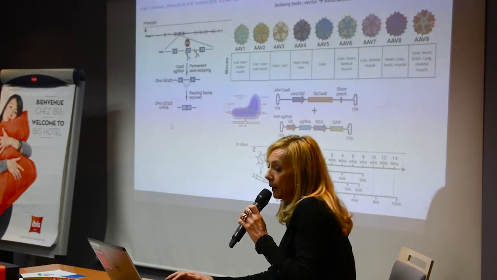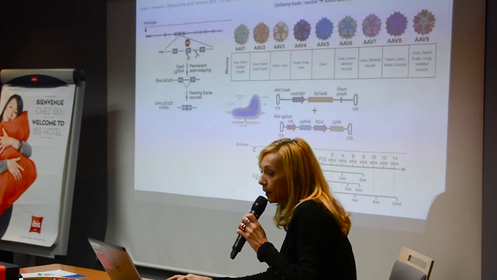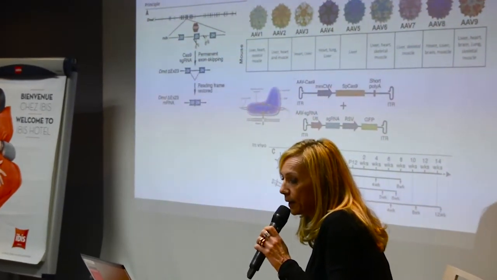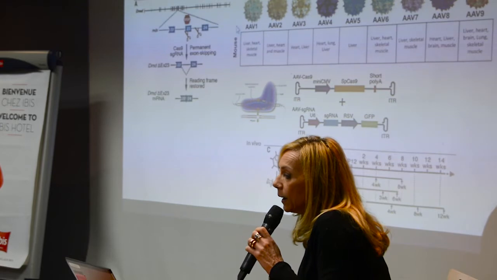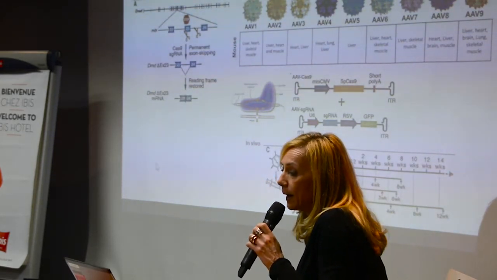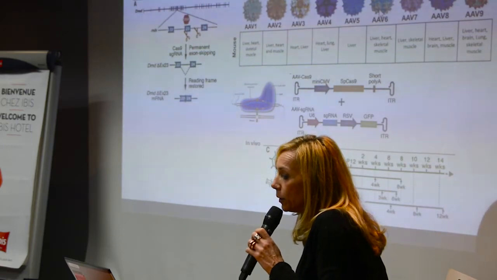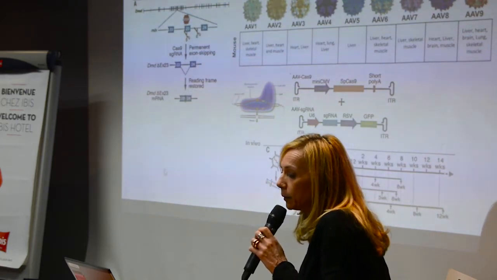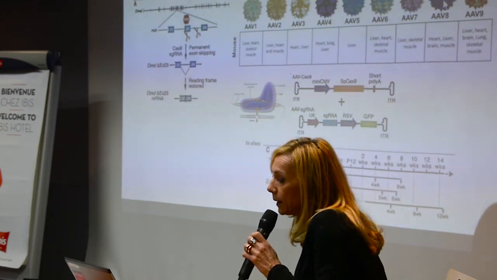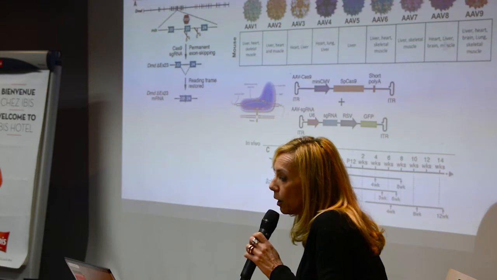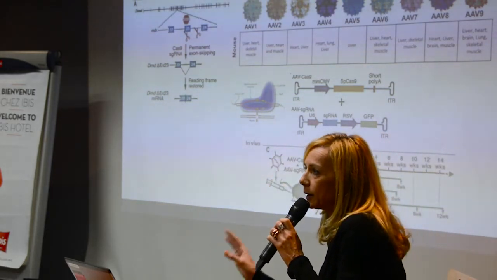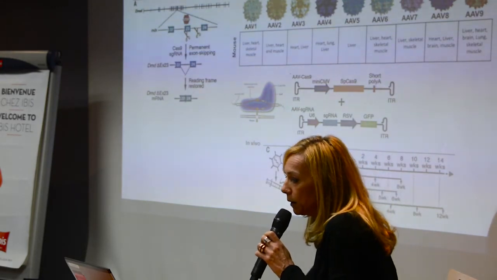The CRISPR-Cas9, with the guide to target the precise site, was delivered with AAV vector. The three teams chose AAV8 and AAV9 because of the high specificity of these vectors for skeletal muscle.